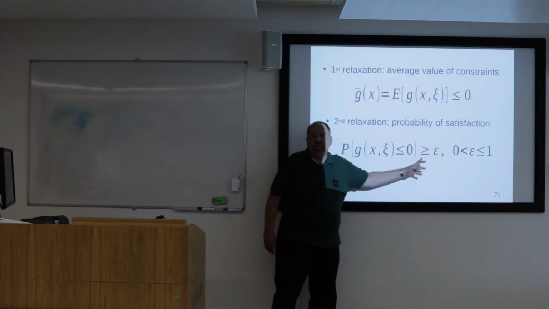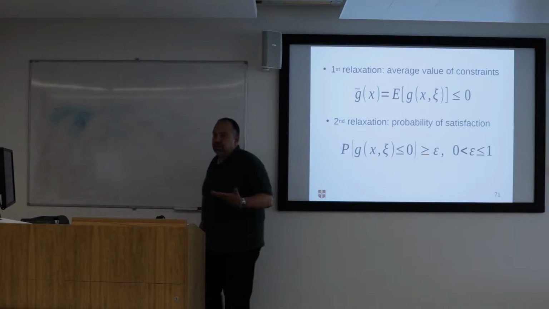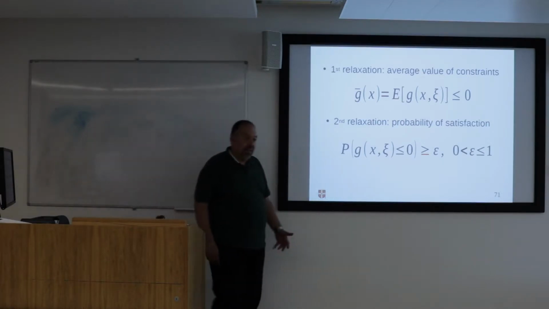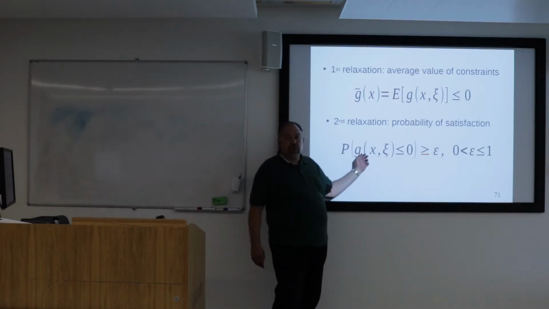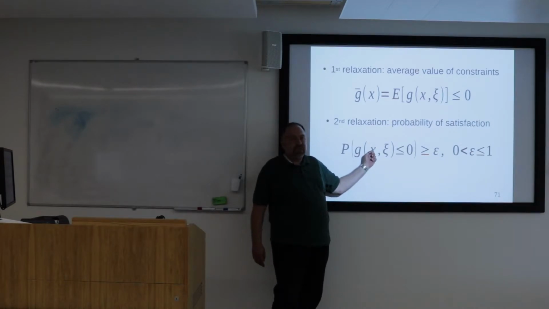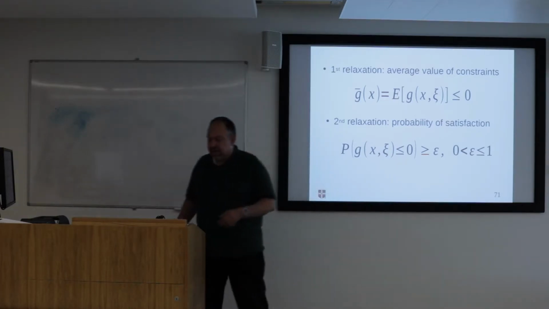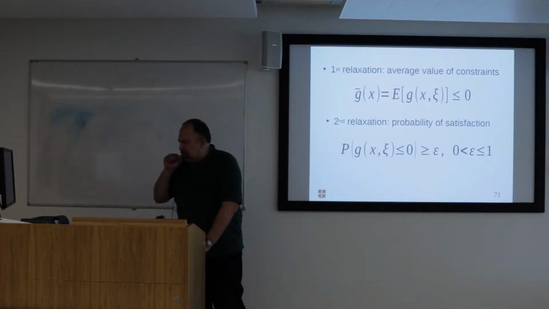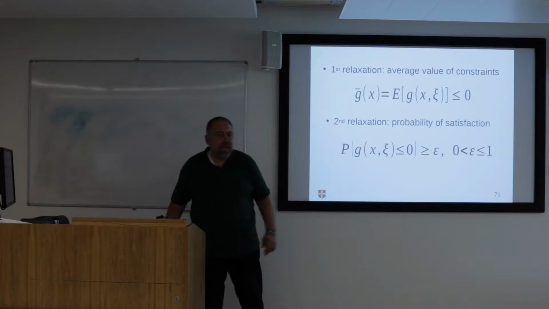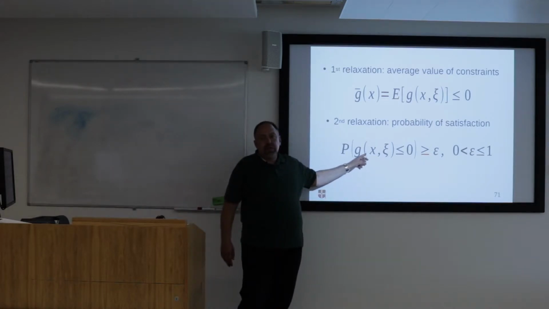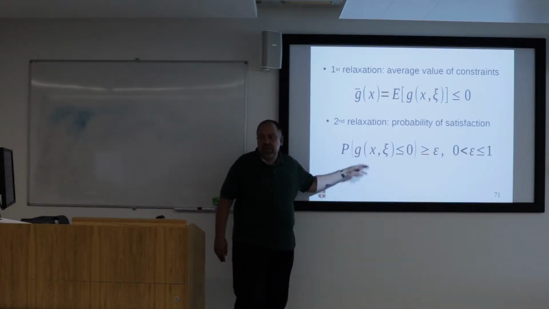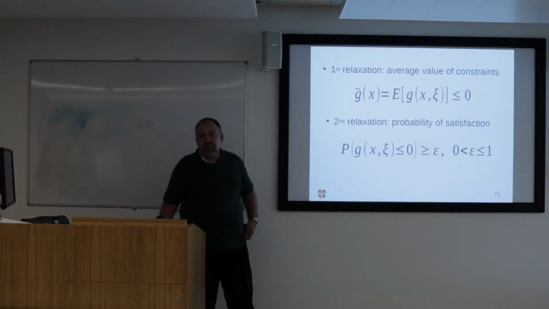So this could be 0.95 or even tighter, 0.99, of the time. Again, this means there may be some realizations of the random variables xi that are not feasible, but at least you know the probability of that happening. For example, safety constraints could fall into this type of formulation, where you put a tight probability on them not being feasible.